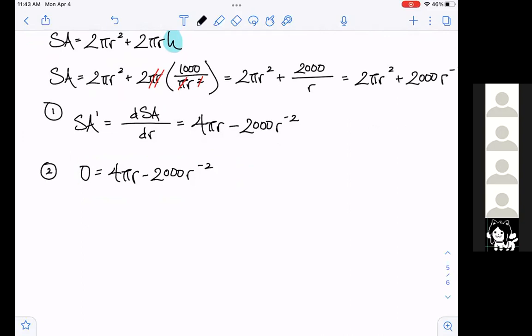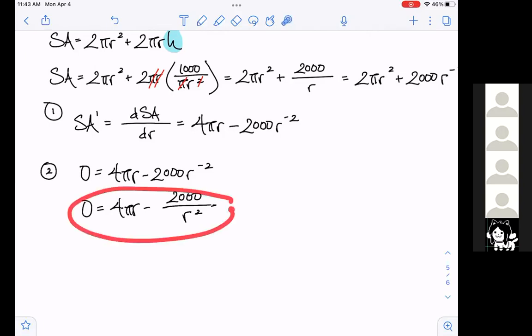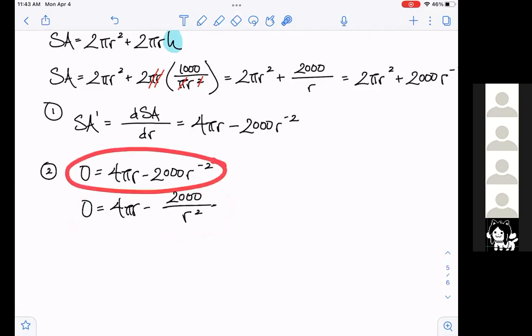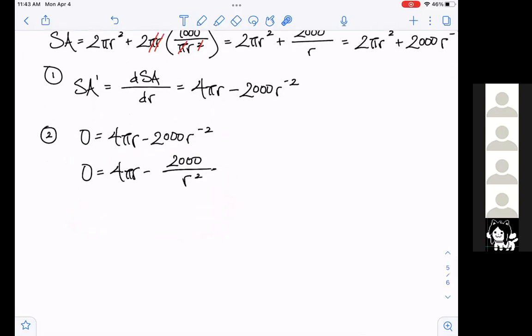So maybe it's worth taking the time to write 0 equals 4 pi r minus 2000 over r squared. Okay, and that's a decision you have to make for yourself. If you don't feel like this helps you, you don't have to do it. But if you start from here and you make a bunch of wrong turns, I would suggest trying a different strategy, right? So it's all about where you think you tend to make mistakes and how we can avoid those.